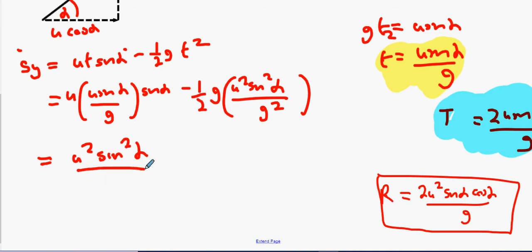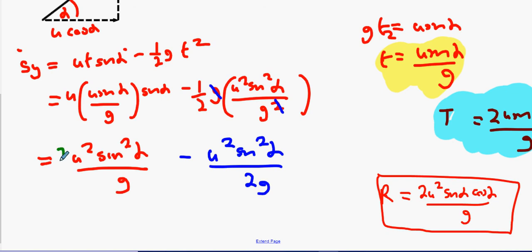Everything's just going to cancel and you're just going to be left with tan alpha in about 30 seconds. What happens here? G on the top cancels with G on the bottom, and we're left with minus u squared sine squared alpha over 2g. What can I do over here? Then what's my answer? Two of them take away one of them. Just one of them, isn't it?